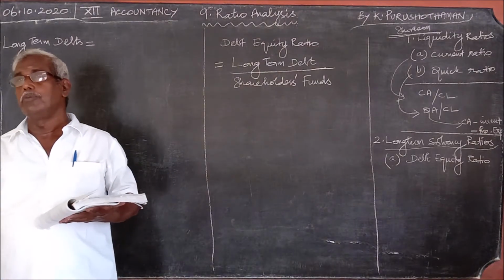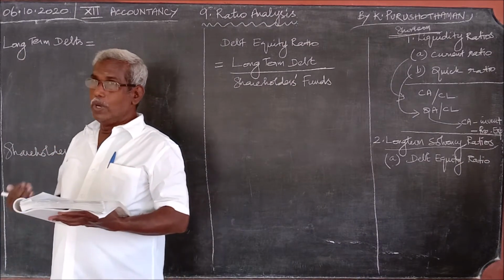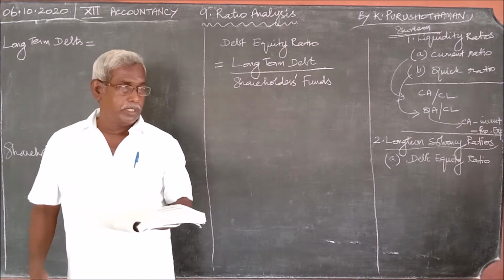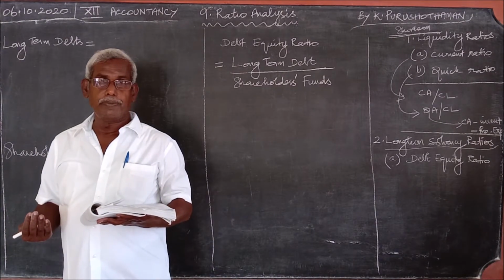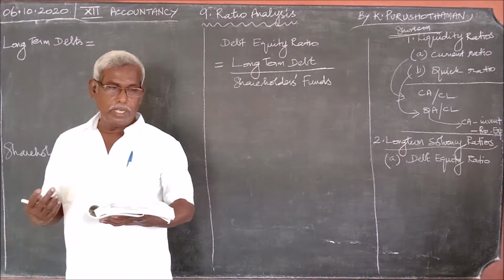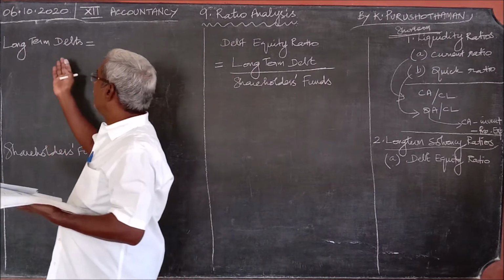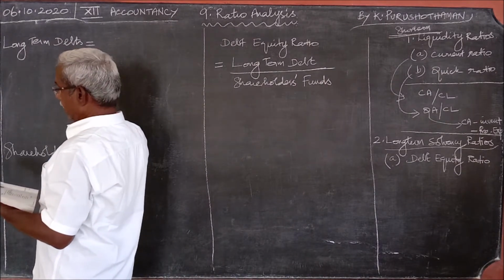So what are the items coming under these long-term debts? One, debentures; two, bonds; third, long-term borrowings; fourth, long-term loans. These are the four items coming under this.